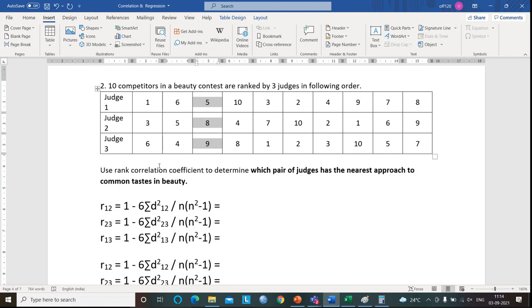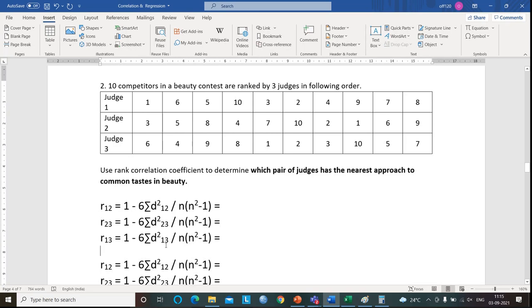To find that, I cannot find the direct correlation between judges 1, 2, and 3 at a time. We have to find whether there is commonality between judge 1 and judge 2, the second case is judge 2 and judge 3, and the third case is judge 1 and judge 3.